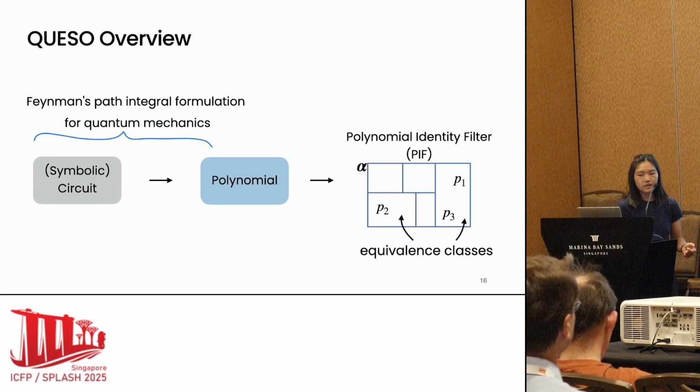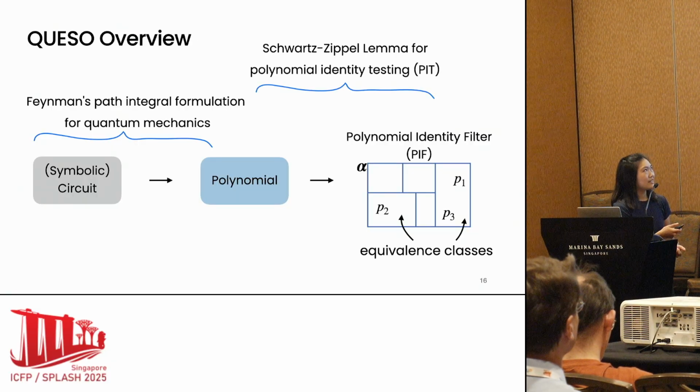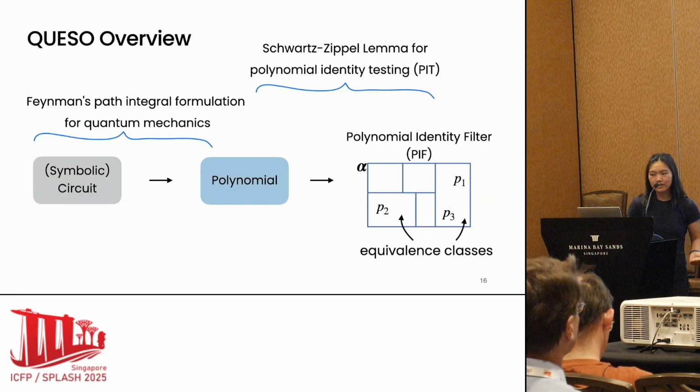I'm not going to get into the details of the first step in this talk because they require a lot of background on semantics of quantum circuits. But the second part relies on this very cute and simple algorithm that is backed by a lemma called the Schwartz-Zippel lemma for testing if two polynomials are equivalent.